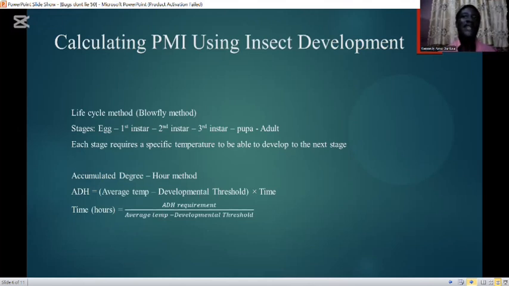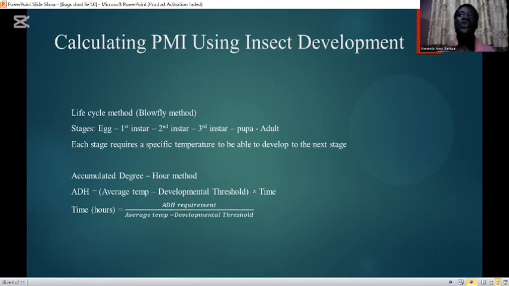Then after 5 seconds, another insect comes and also lays eggs. The one that laid eggs first will start its developmental journey before the one that came later. So it could be that both insects collected are in the second instar stage, but one will be older than the other. So we go for the older one because that one will provide accurate information for the investigations.